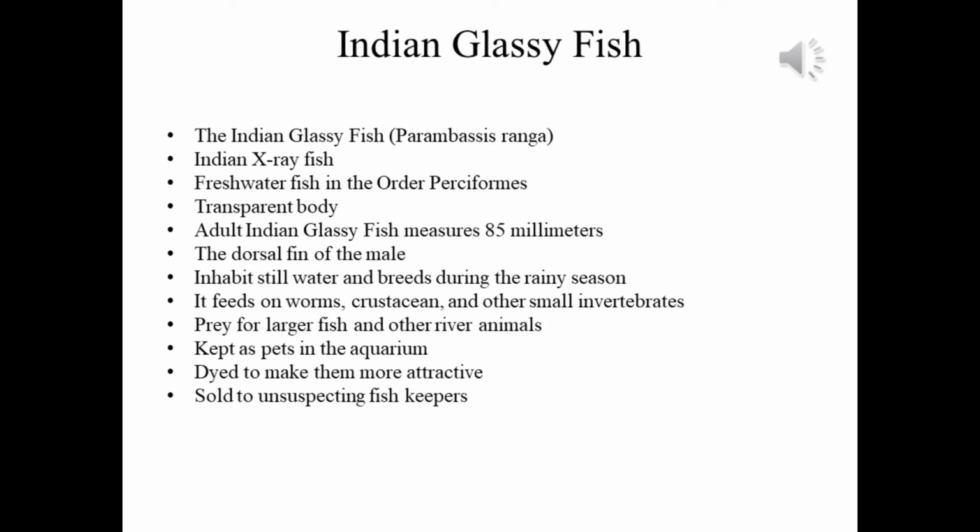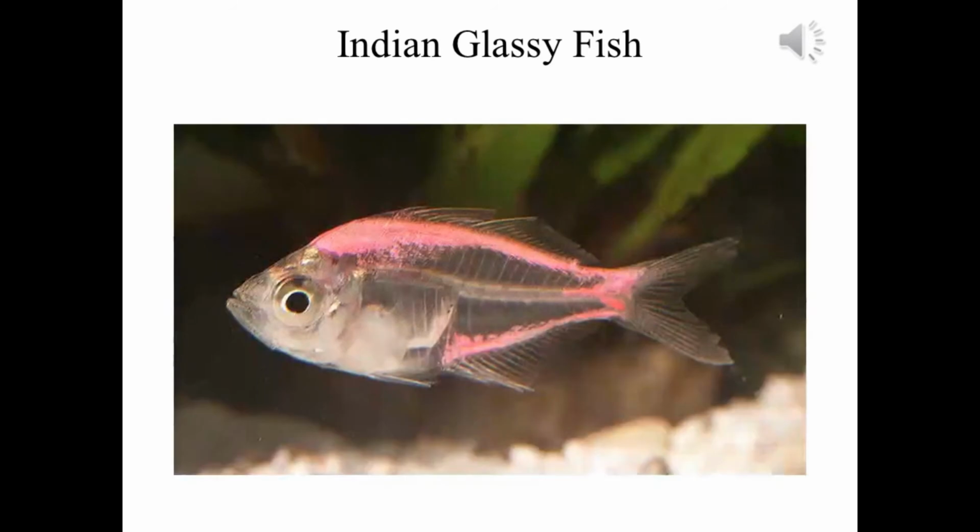In some instances, the species have been dyed to make them more attractive and sometimes sold to unsuspecting fish keepers. This is an Indian glassy fish, and you can see that their body is transparent and it is very delicate.